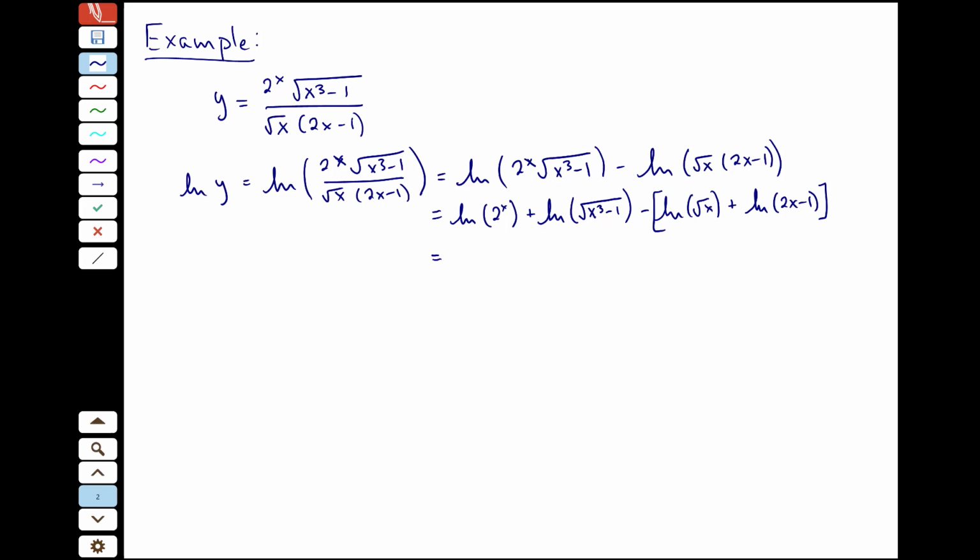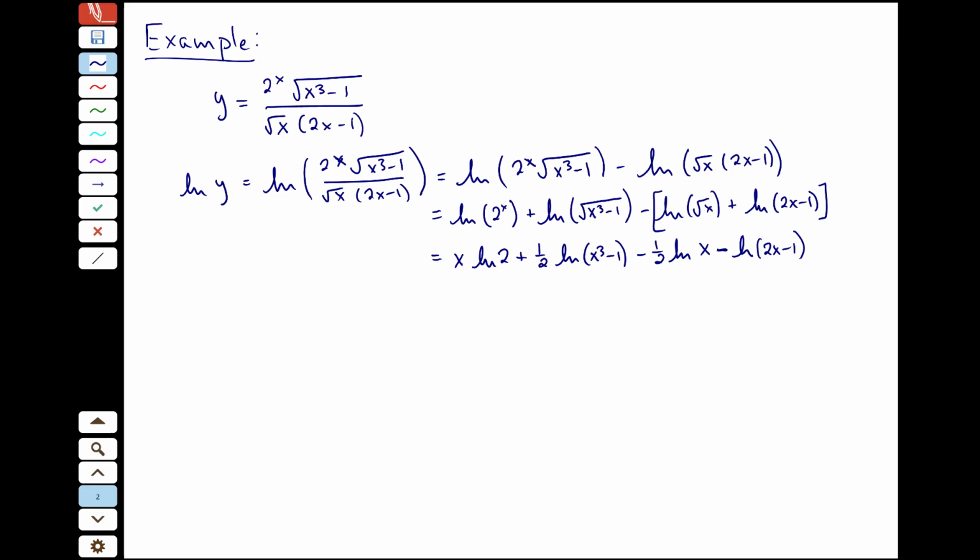So I'm going to write this as x times the natural log of 2 plus 1/2 natural log of x cubed minus 1 minus 1/2 the natural log of x, and in this term, oops, I forgot to distribute my minus. I was very careful in the last step. Minus the natural log of 2x minus 1. And this is as much as I can expand my function.